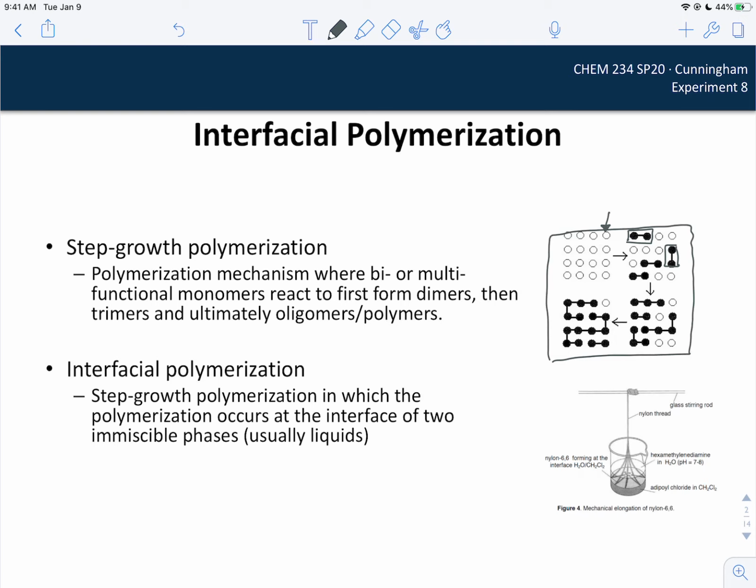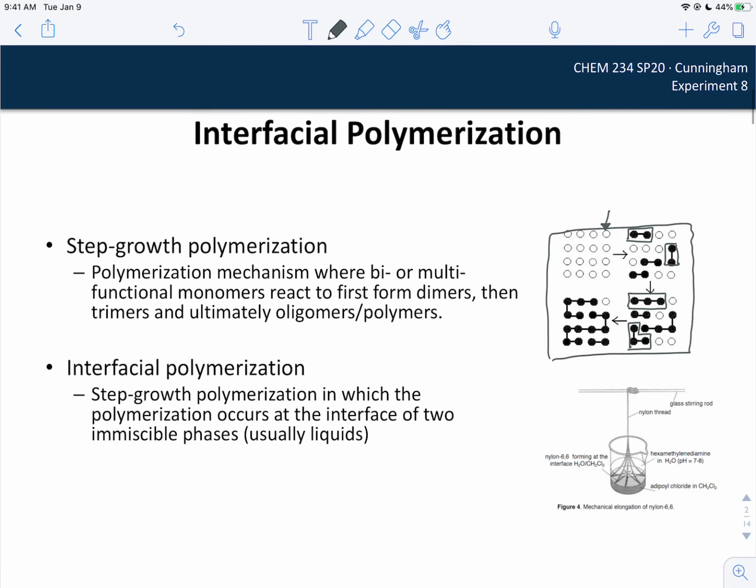Then we can see some of those dimers grow into trimers. Sometimes we end up getting some oligomers here. Over time, these all begin to polymerize with one another to form our longer polymer chain, which we can see here. We've got some long polymers.